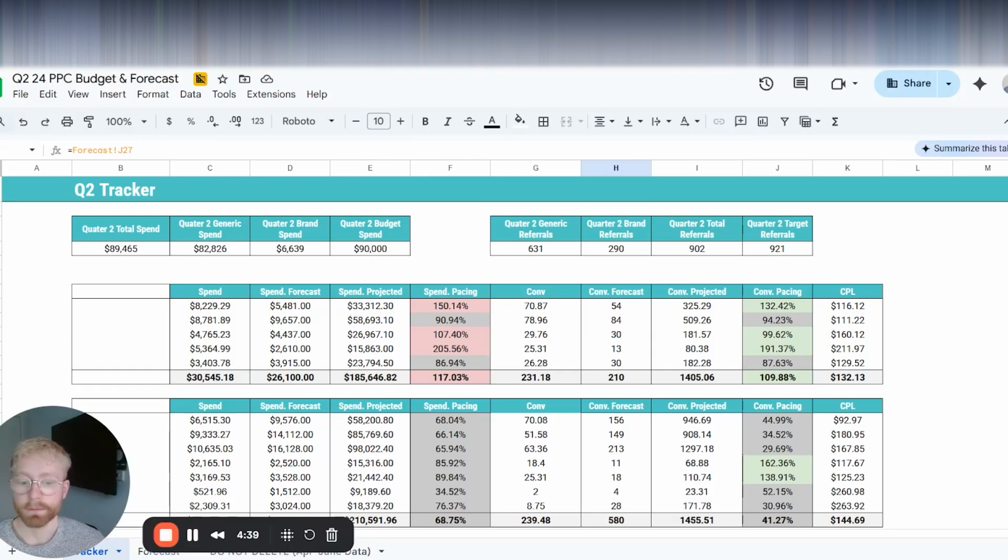Now, this sheet was for Q2 of 2024. And I want to show you this first, because this will really highlight how I was able to decrease cost per leads by around 15% in 2025.